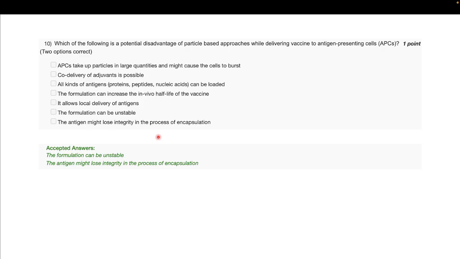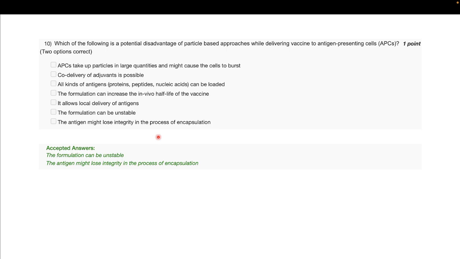Another is the antigen might lose integrity in the process of encapsulation. We just talked about one method of encapsulating vaccines into particles, right? The gelation method. In that case, if your protein is not very stable, if it gets exposed to very high concentrations of sodium or calcium ions, the protein will get denatured.